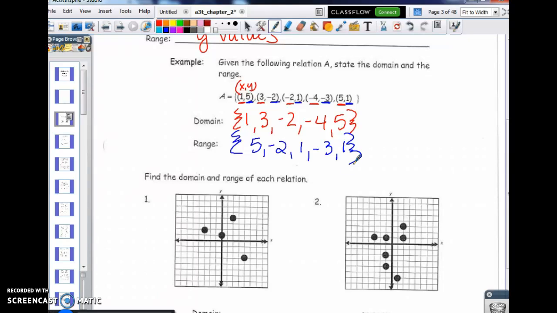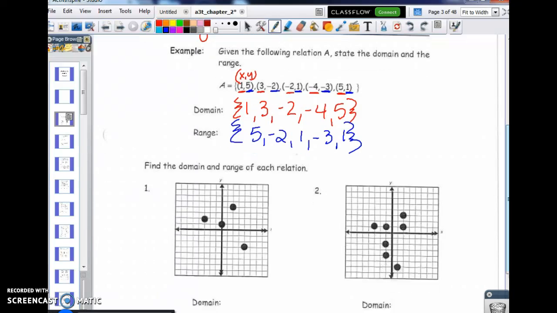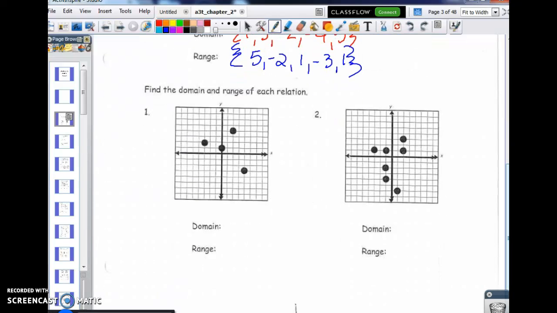So we did our domain and our range, given some ordered pairs for that relation. If we look further down, we're given a graph, and we want to find the domain and range of each relation here, but this is done graphically. So first thing we need to do is figure out what these points are, so we're going to have to figure out what the ordered pair is. So this is -1, -2, -3, and then +1, +2. So this is -3, 2. And that one's going to be 4, -3.